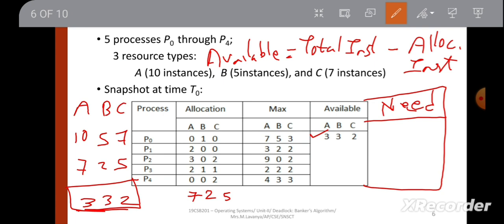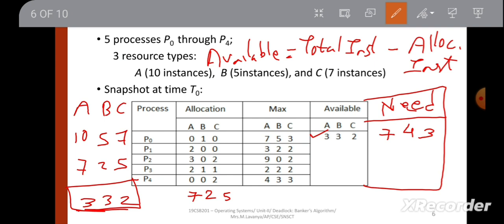For the process P0, the maximum is 753 minus its allocation 0, 1, 0. That is 7 minus 0 is 7, 5 minus 1 is 4, 3 minus 0 is 3. So 743 is the need for P0.